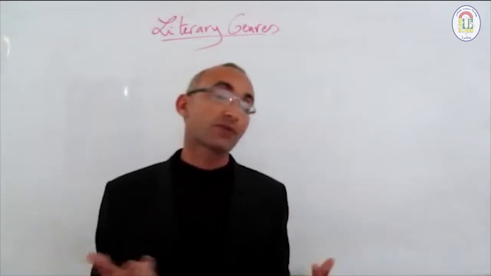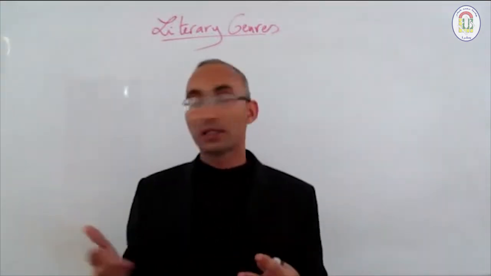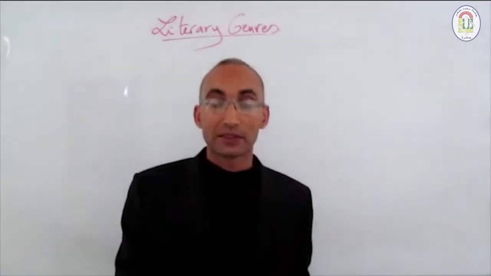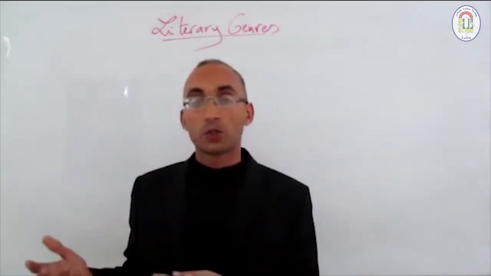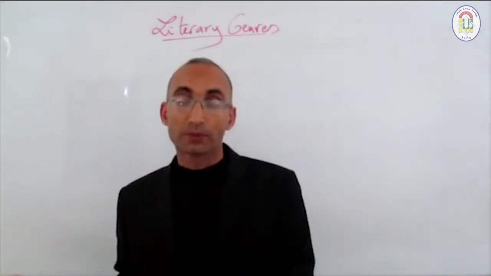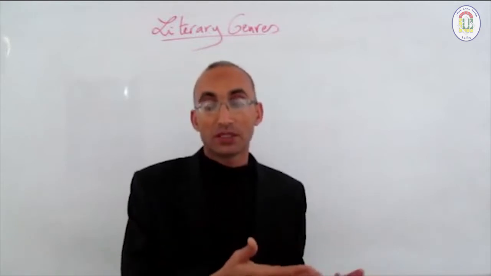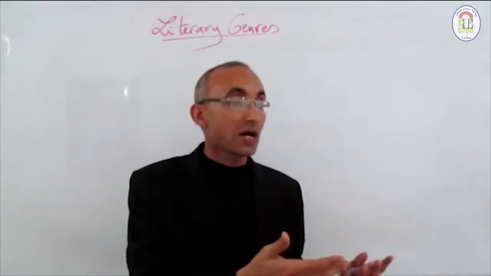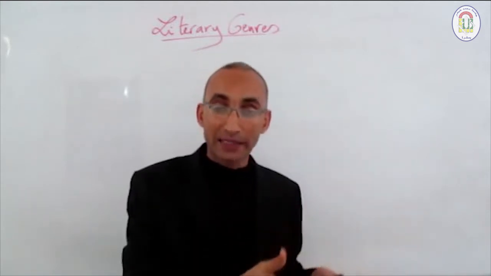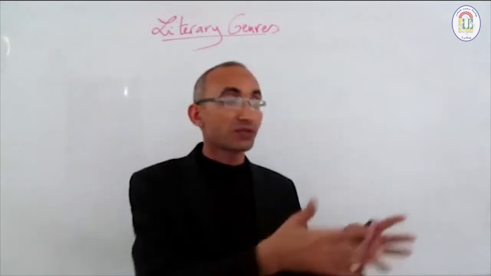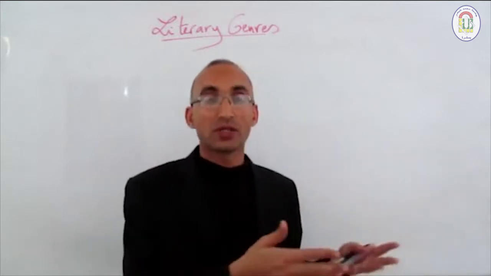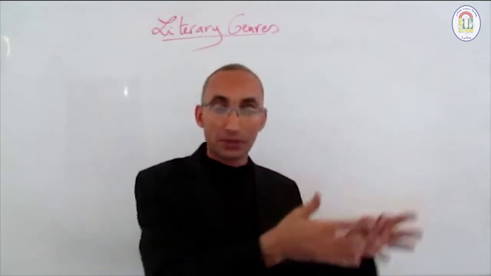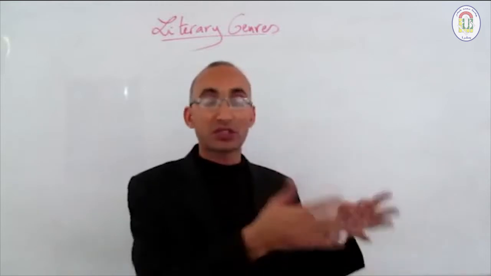Clear? For example, if we compare poetry, drama, and prose narratives. For poetry, what do we have? We have poems, which are written in the form of lines, and in the form of stanzas. They are subject to a metrical pattern, a division of syllables.